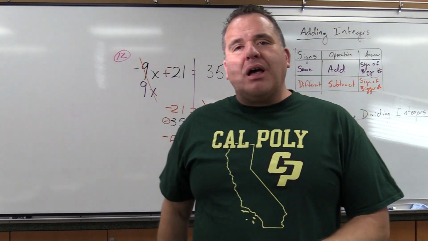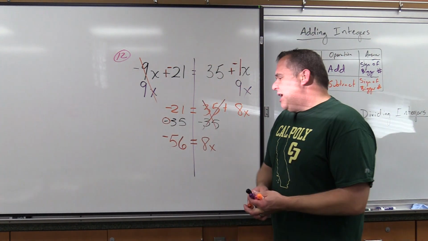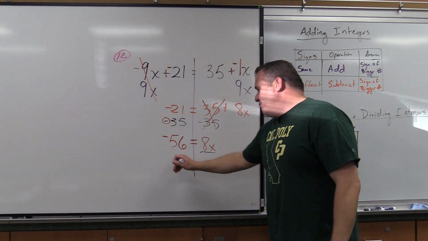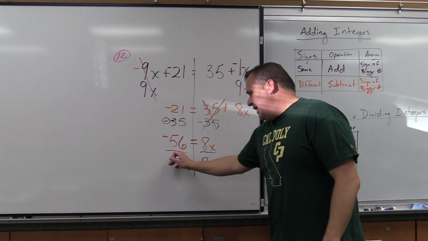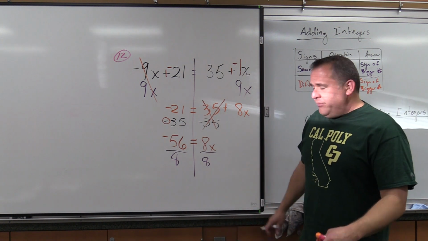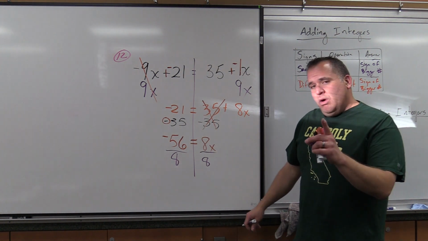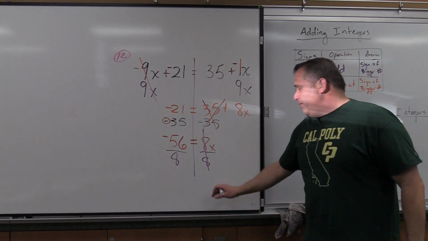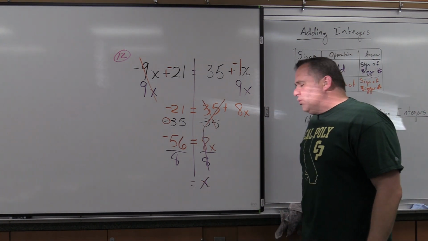Using the inverse operation. And the inverse operation of multiplication is division. So I'm going to divide both sides by 8. Look at that. Now, 8 divided by 8 is 1. 1 times x is x, so those 8's technically cancel out, leaving me x is equal to.